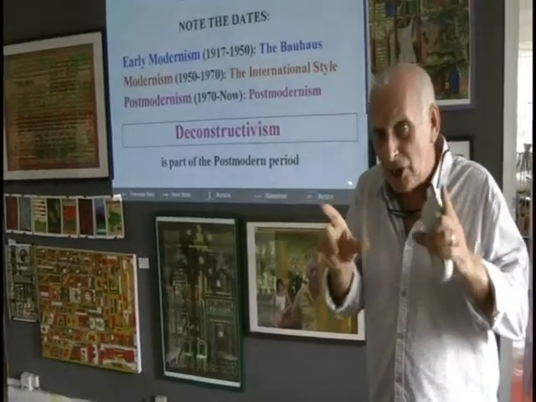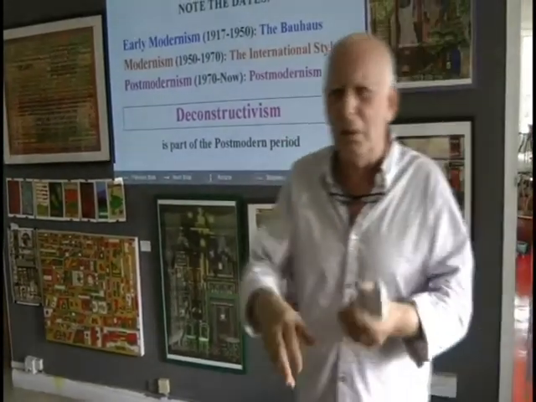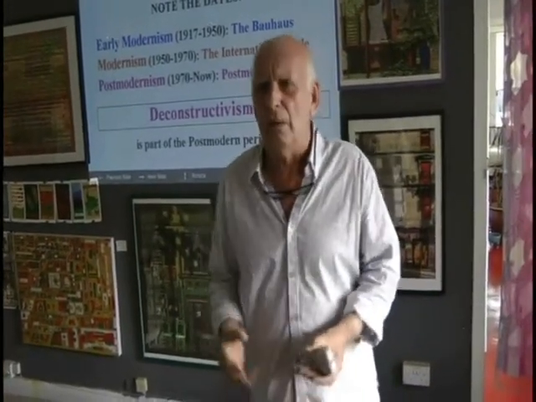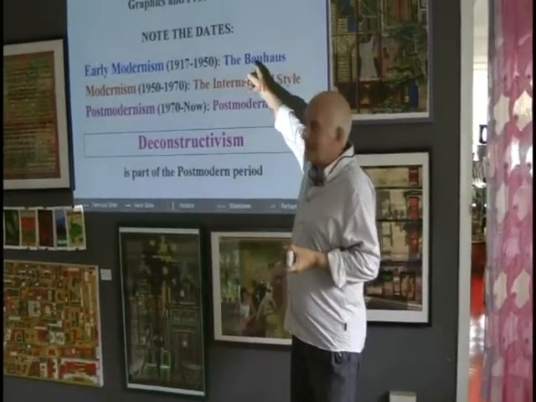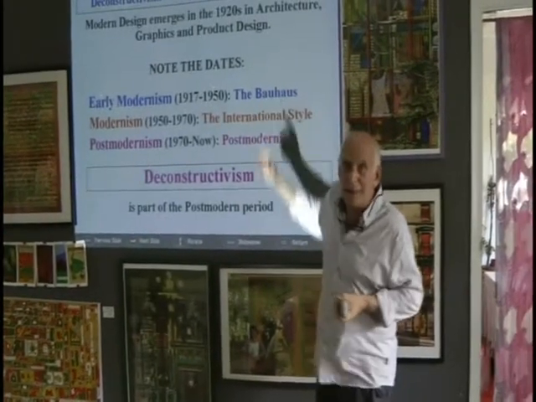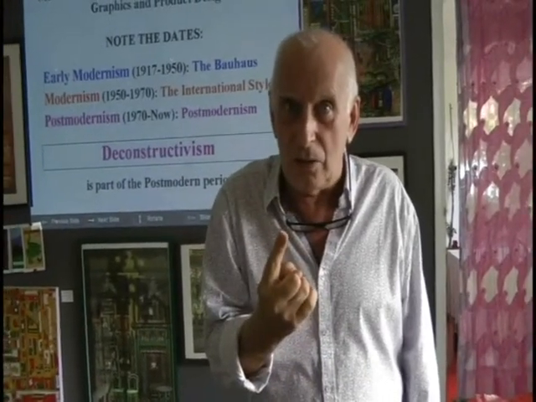Its intellectual basis was formed by several people, including Le Corbusier and Mies van der Rohe and whoever else, and Mendelssohn and so on. But the intellectual center of the thing was in this German design school called the Bauhaus. And its key and fundamental aspect of modernism for design was the idea of functionalism.